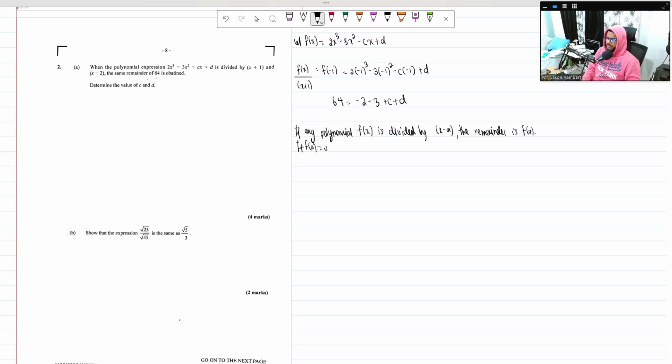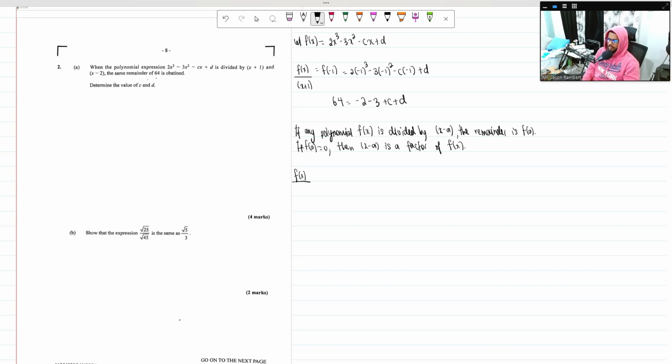If f of a is equal to 0, then x minus a is a factor of f of x. I used the remainder part here. I didn't use the factor part, but I still quote the remainder and factor theorem.